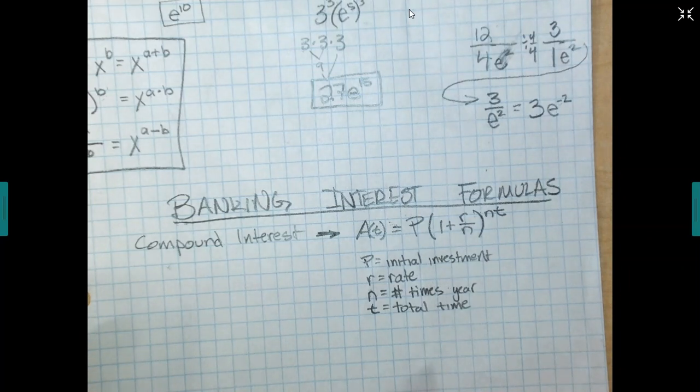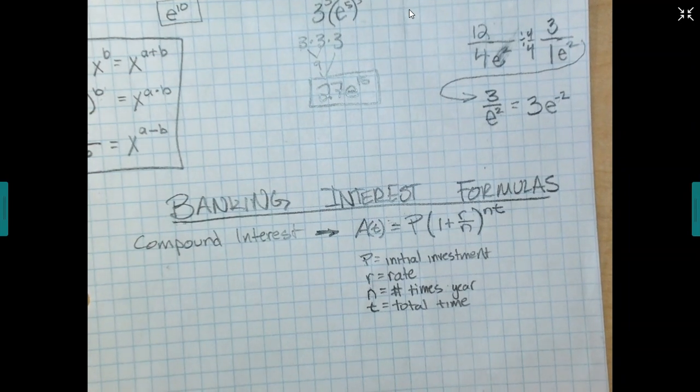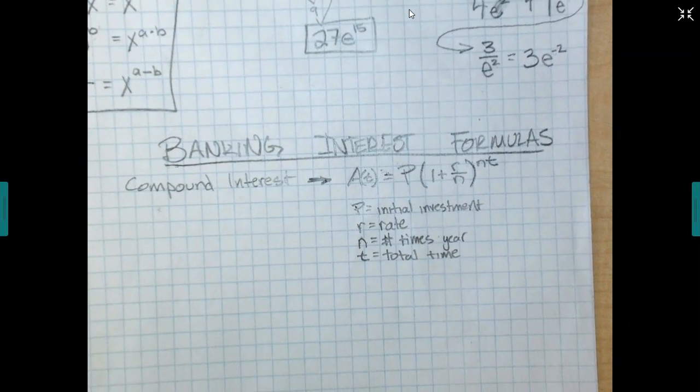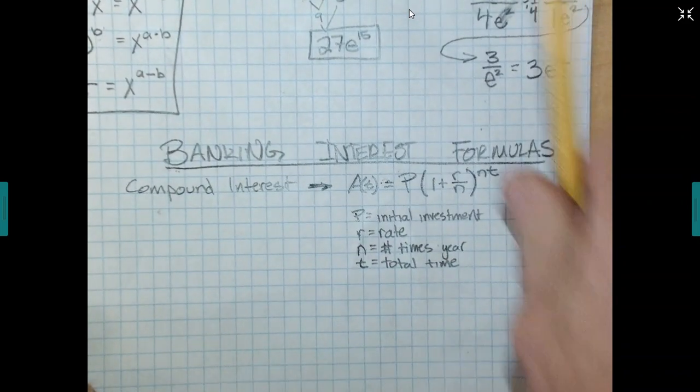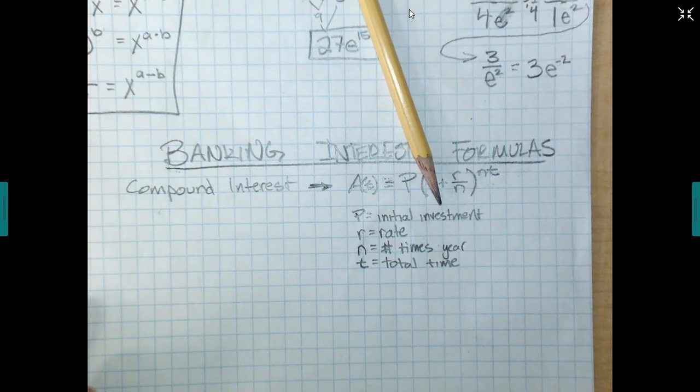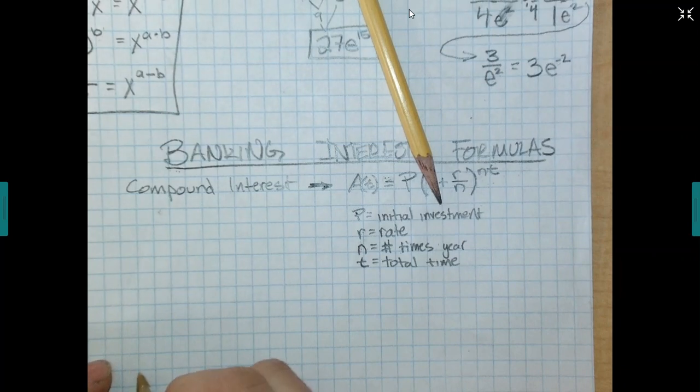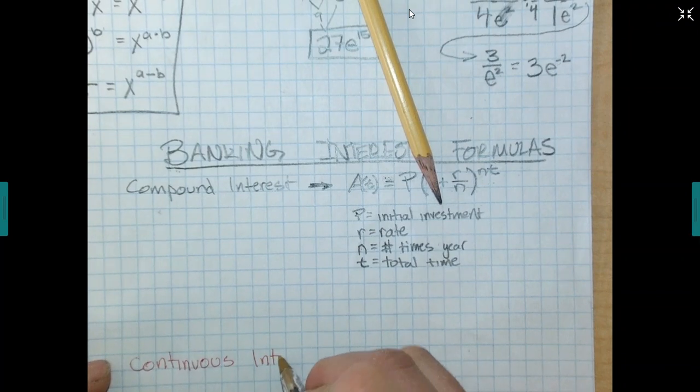So we're going to look at compound interest. We're going to compare two banks' interest things. So there's compound interest, and then I'm going to show you, let's do a different color, continuous interest.